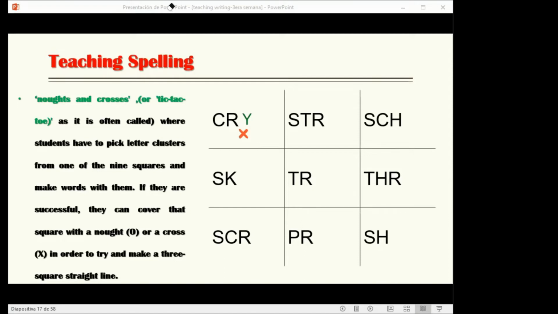In order to interrupt the line, I'm going to write here in the middle. The other student says, I'm going to write here.